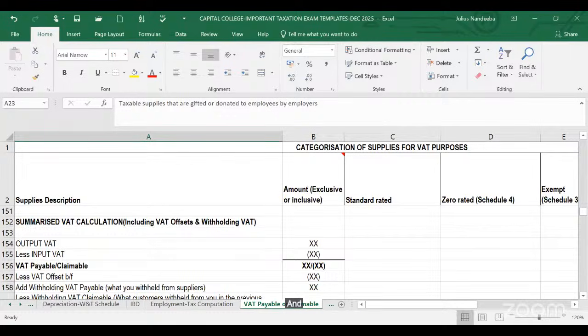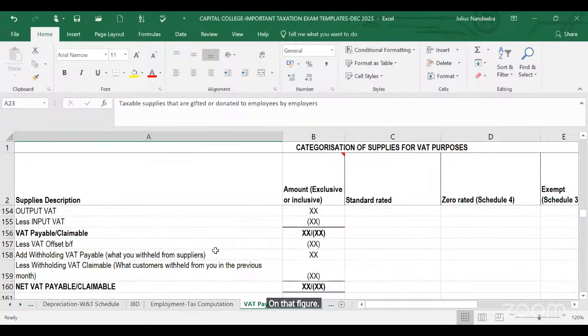And I want you to be aware of the adjustments, because the examiner is not just going to give you output minus input and then stop there. You could have other adjustments. So the formula runs as output VAT minus input VAT. You first get your first level VAT payable or claimable. On that figure, you're going to now remove the adjustments.